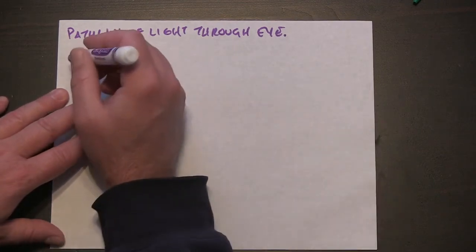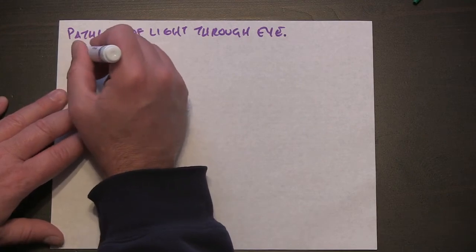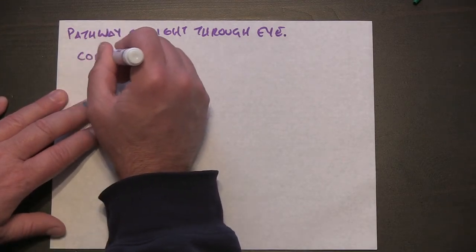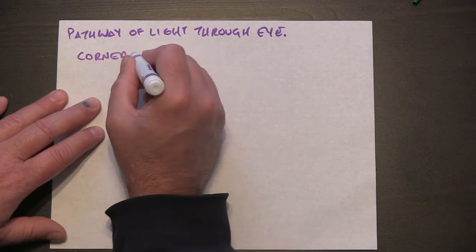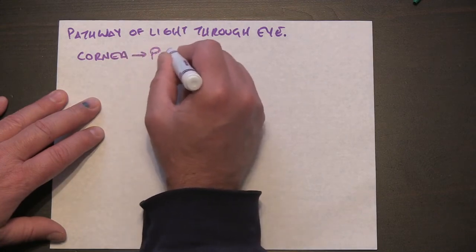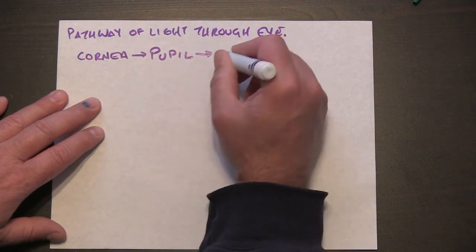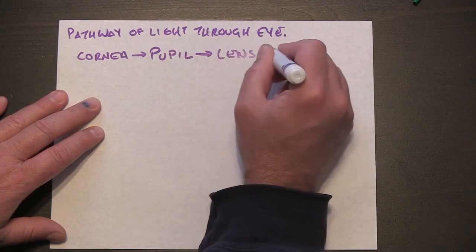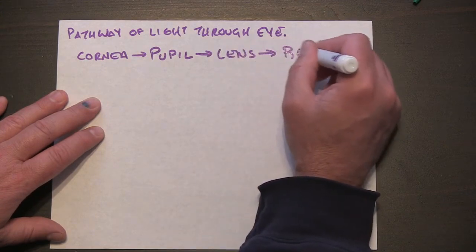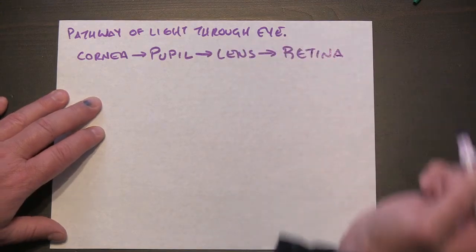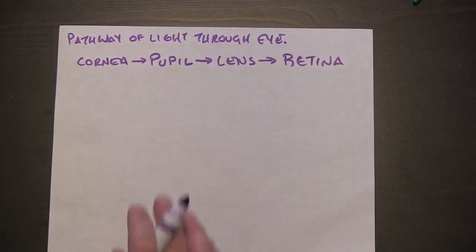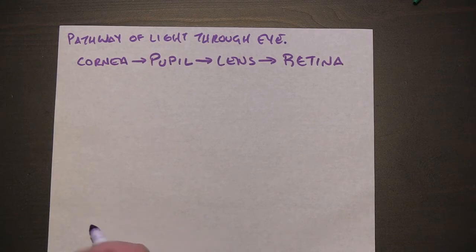So first, light's going to come through the cornea, and then pass through the pupil, and then pass through the lens, and then finally it's going to hit the retina, where it's converted from a light signal into an electrical signal that goes to the brain.